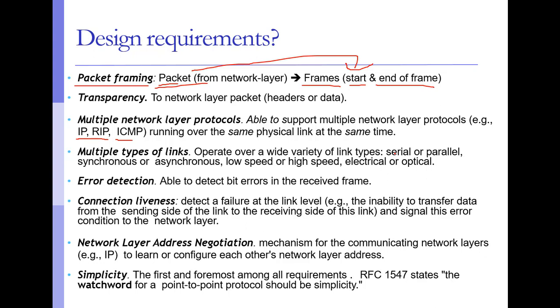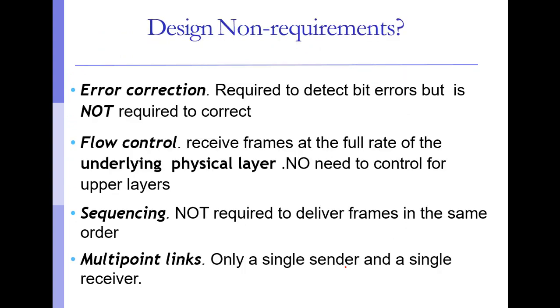RFC 1547 states that the watchword for a point-to-point protocol should be simplicity. An RFC is a request for comments, and it mentions that the protocol should be as simple as possible, so that future generations can understand it very easily.